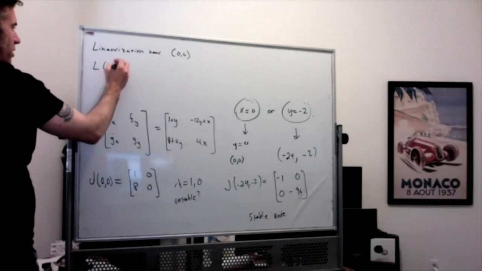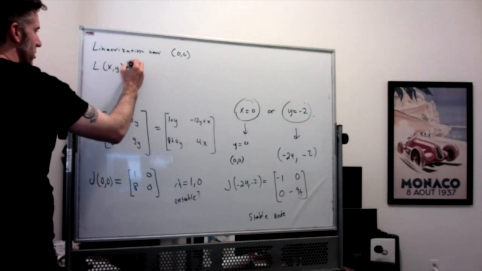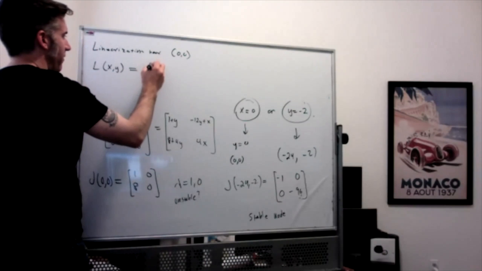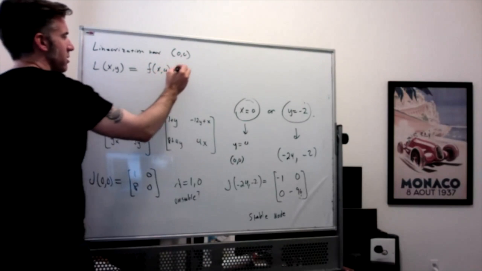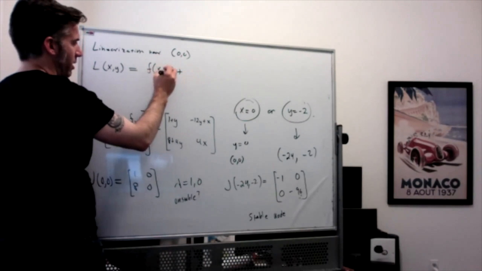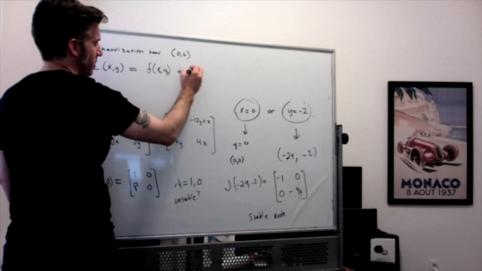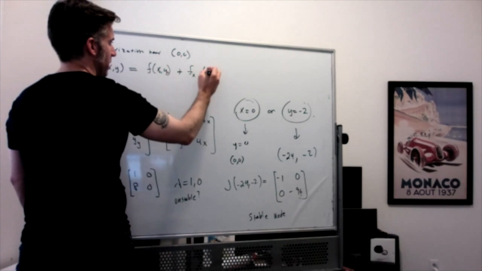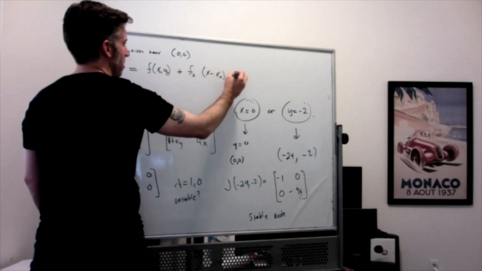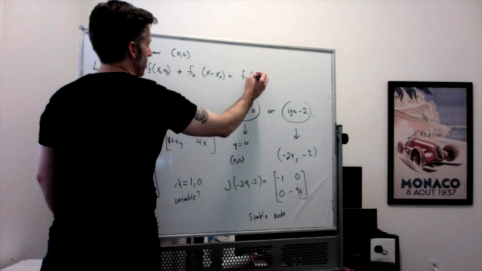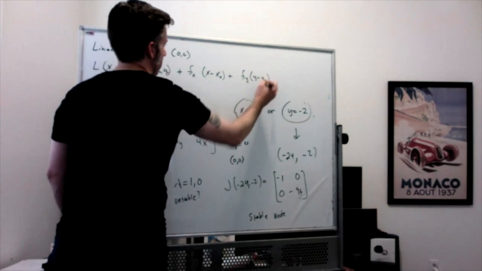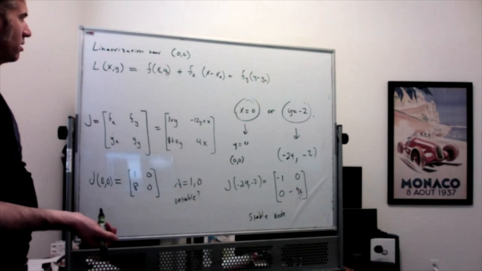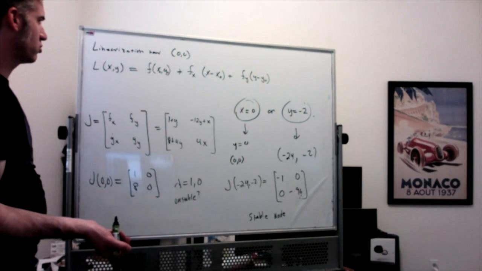L of xy is equal to, so here's the very general formula. It's f of x naught y naught, plus the partial with respect to x times x minus x naught, plus the partial with respect to y times y minus y naught.